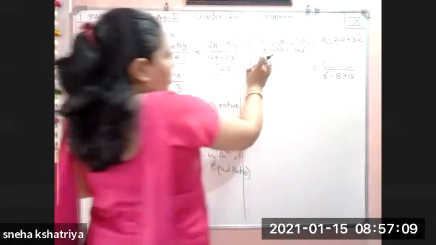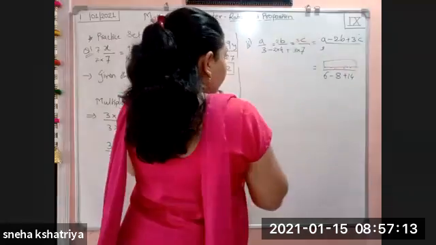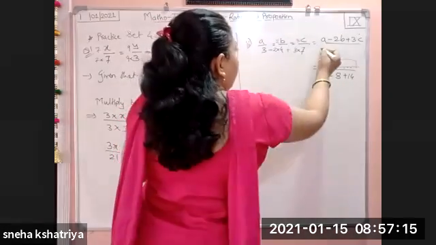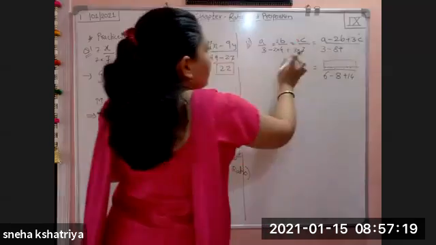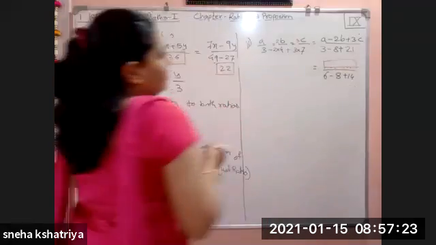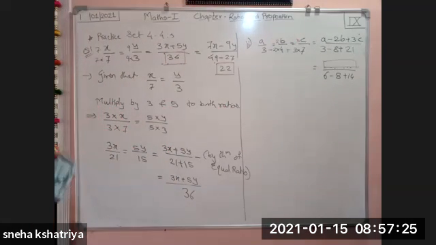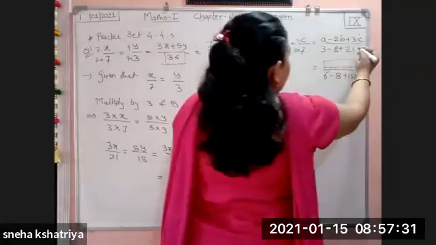So 3 minus 8 plus 21. 21 plus 3, it becomes 24. 24 minus 8 is 16. So your answer here is 16.